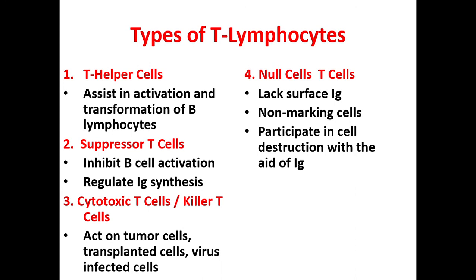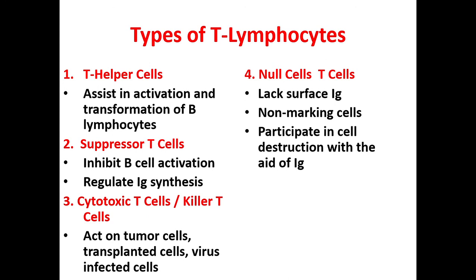They inhibit B cell activation and regulate immunoglobulin synthesis. The third, we have the cytotoxic T cells or killer T cells. These are involved with tumor cells, transplanted cells, and virus infected cells. So they destroy all these cells.